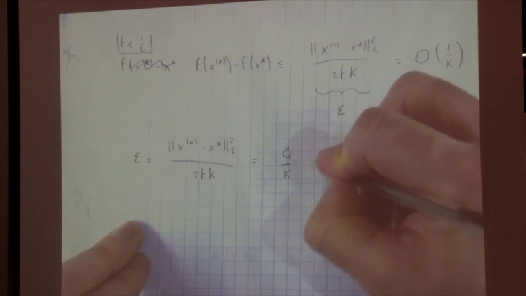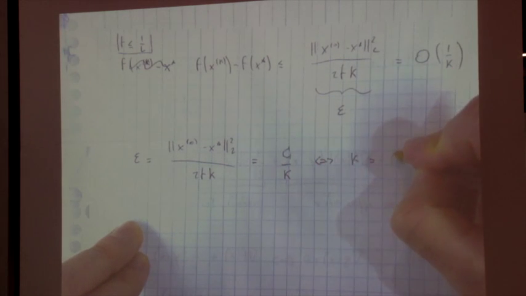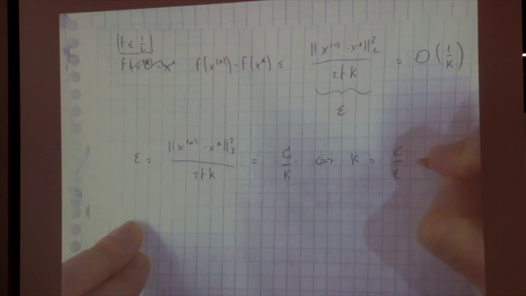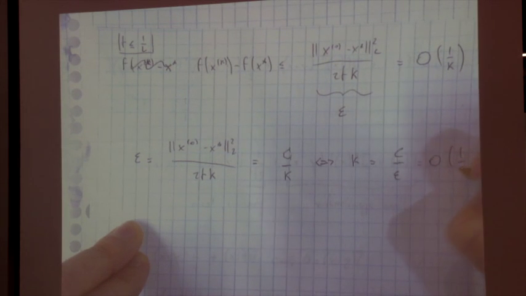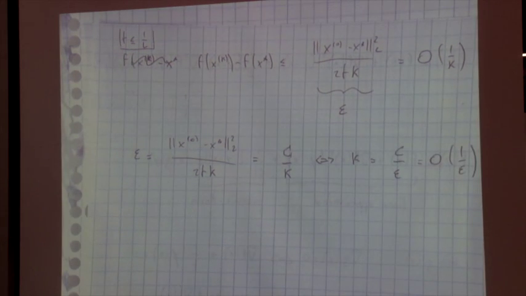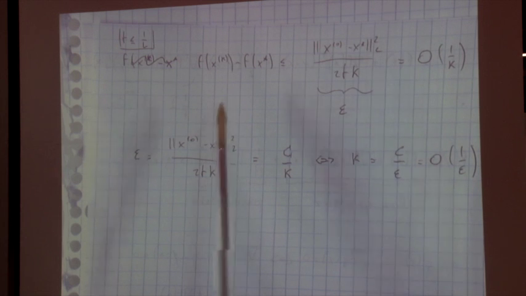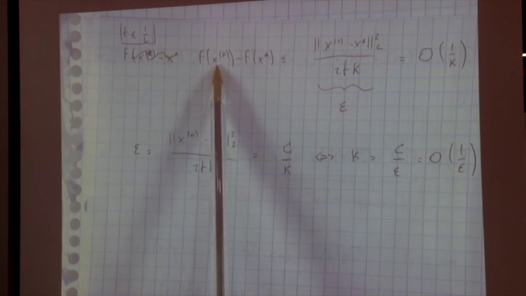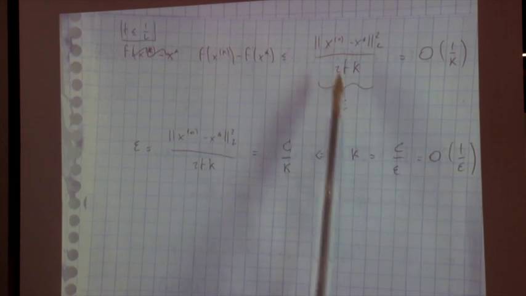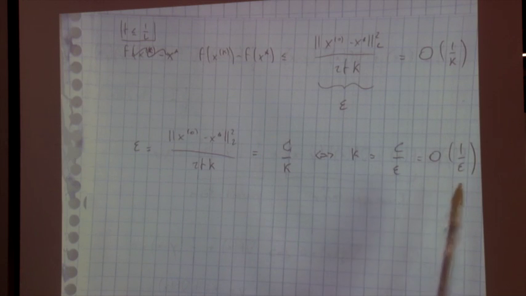Meaning that k equals c over epsilon, which is big O of 1 over epsilon. So if you want to achieve accuracy epsilon, you need on the order of 1 over epsilon iterations.